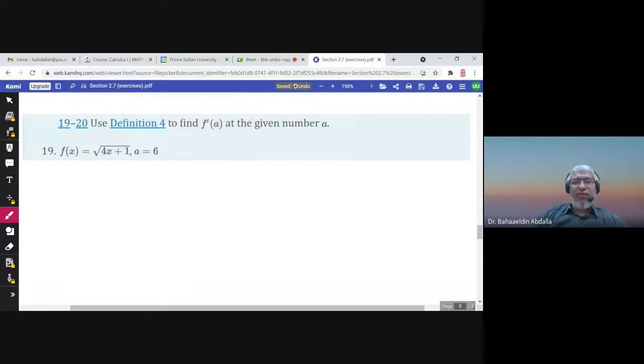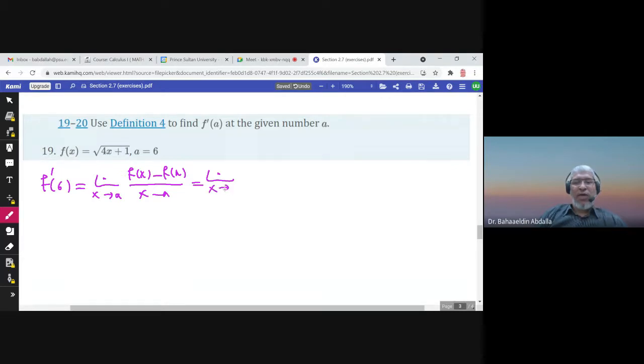Use definition 4 to find f prime of a at the given number. I guess definition 4 is the one I'm using now, which is to find f prime of 6, f prime at a, and a is 6. It is the limit as x approaches a of f of x minus f of a over x minus a.